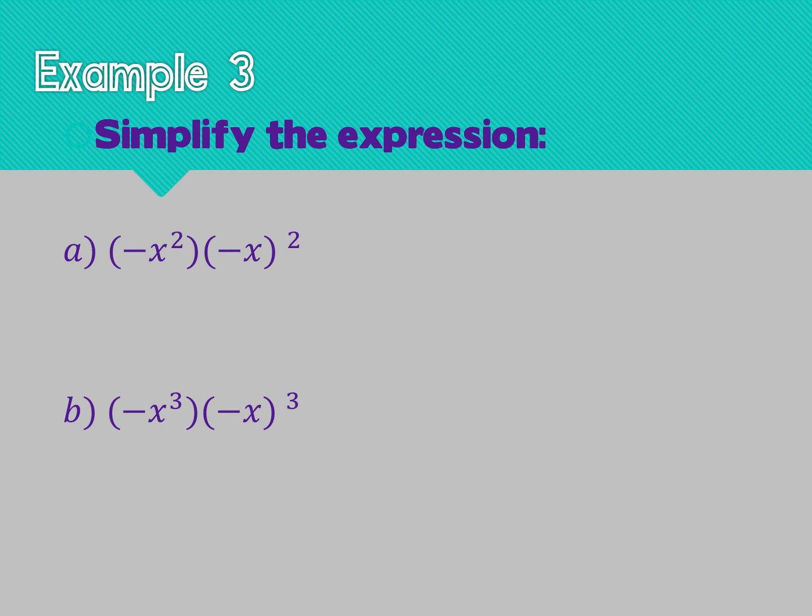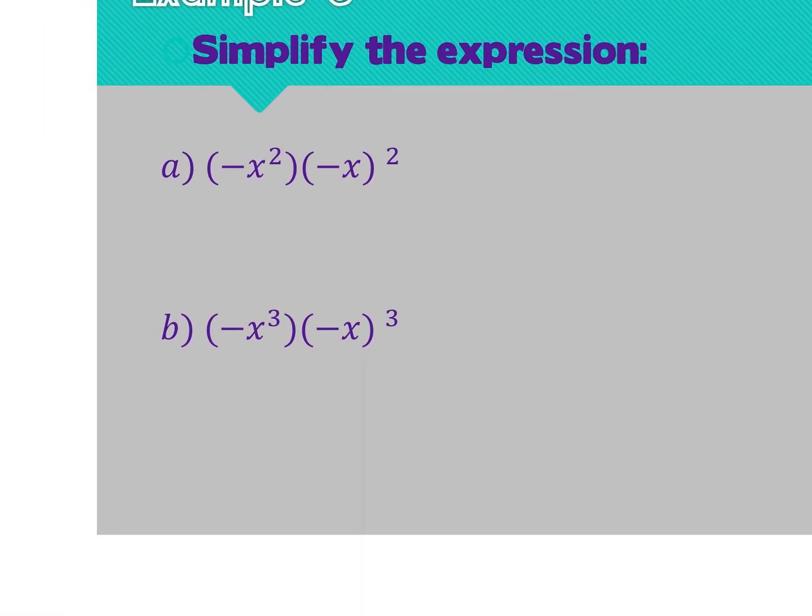All right, more examples. Now, you have to follow order of operations, PEMDAS. We always do parentheses first, then exponents, then multiply, then divide, then add or subtract. In this particular problem, I need to simplify this exponent first.